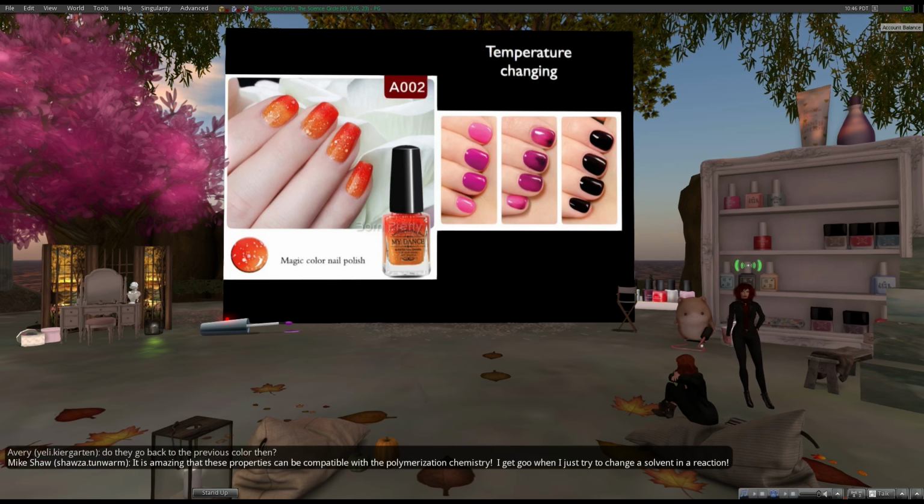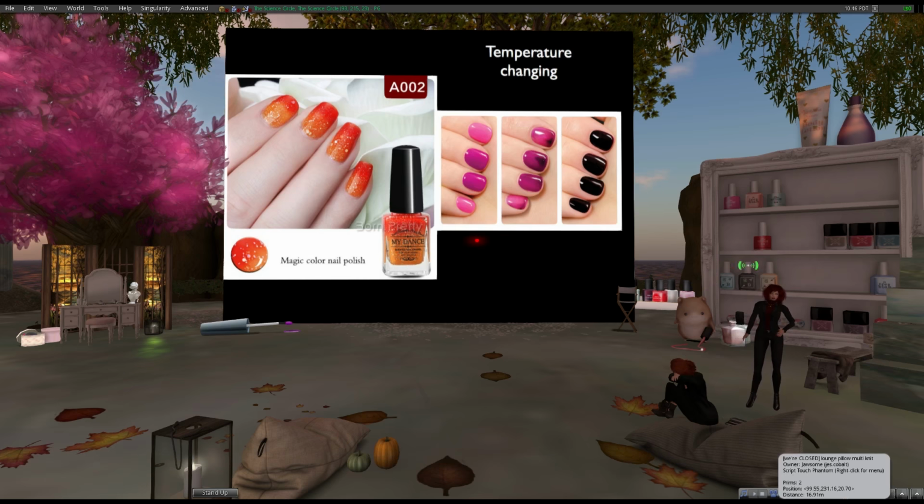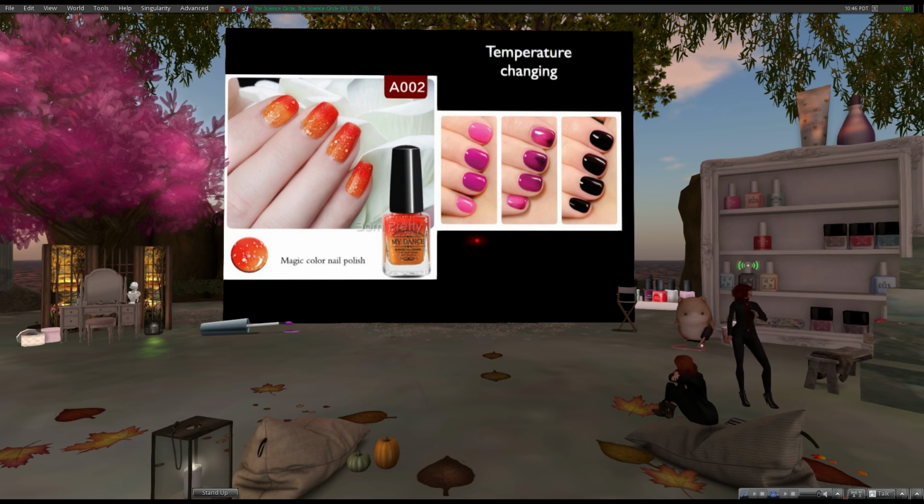And we also have temperature changing nail polishes, both in regular and in gel. And so over here, you can see that as you go from one temperature to another, the nail polish changes color dramatically. And what these nail polishes do with temperature is that they have a chemical in there that's actually changing phase. It's going from a solid to a liquid as it warms up.